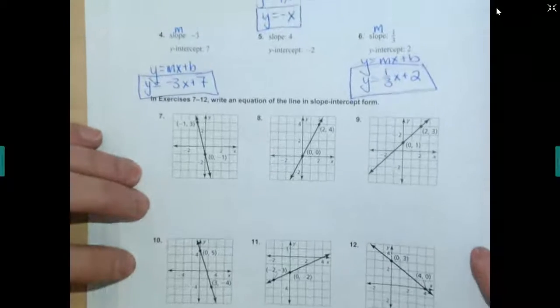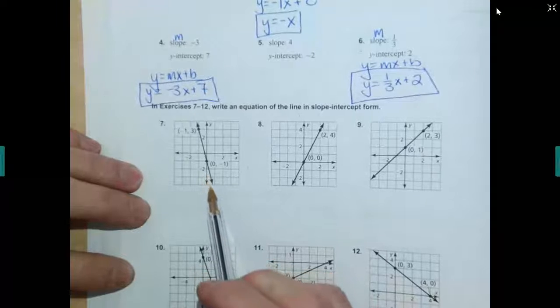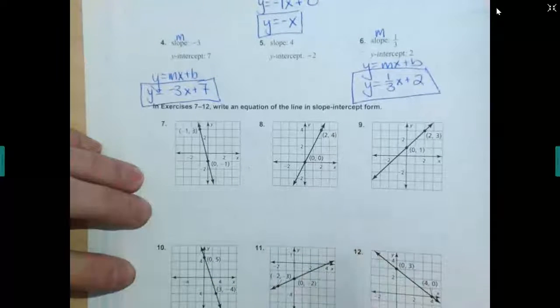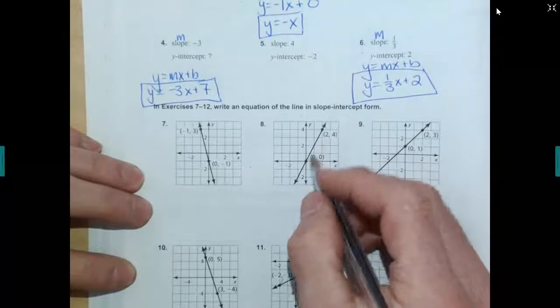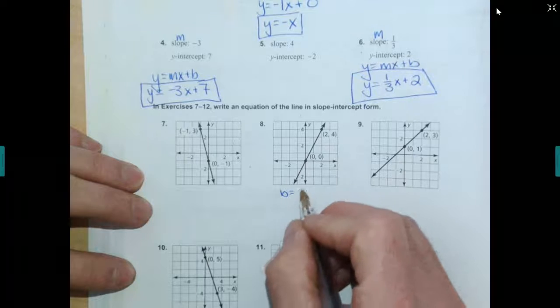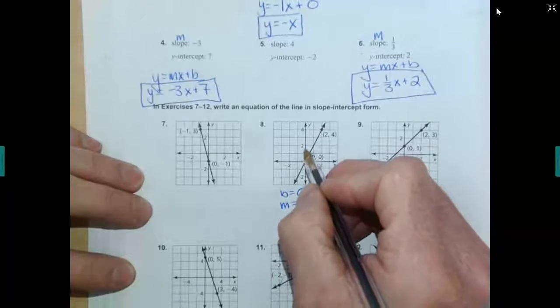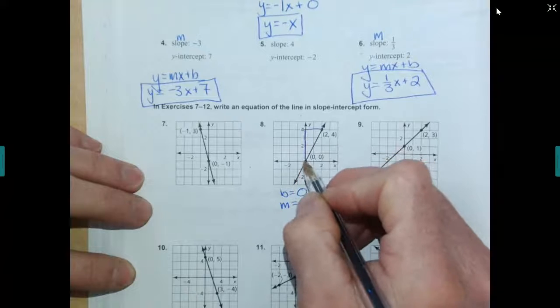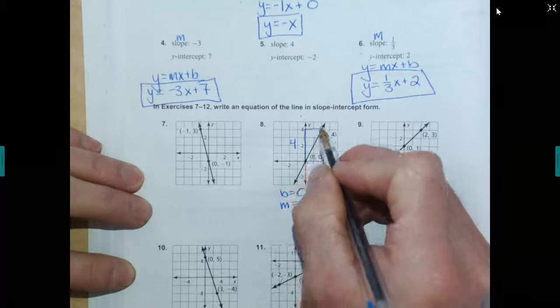And now we're going to work on a couple. Write the equation of the line in slope-intercept form of these 6 lines. So, continuing on with the evens, I have a y-intercept of 0, and I have a slope. Let's make this triangle. I go up 4, and I go over 2.